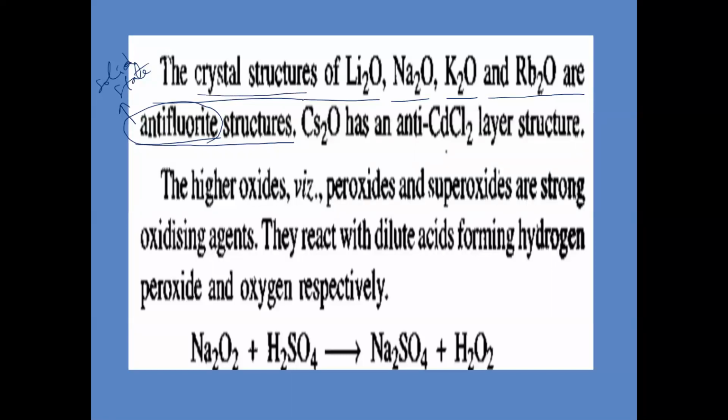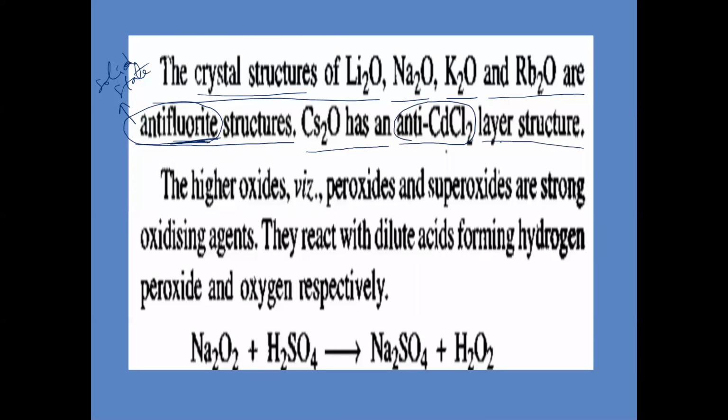Just for the time being, remember that the mono oxides, the normal oxides of lithium, sodium, potassium, rubidium, all have the anti-fluoride structure. Keep that point in mind. Next, cesium monoxide. The normal oxide of cesium has an anti-CdCl2, that is, anti-cadmium chloride type of structure.